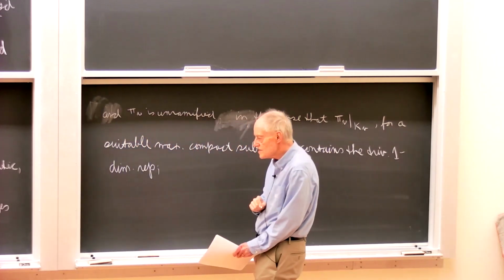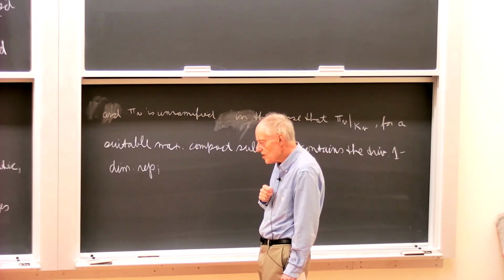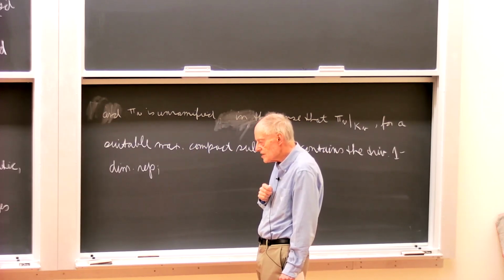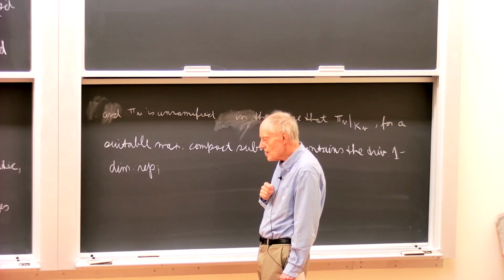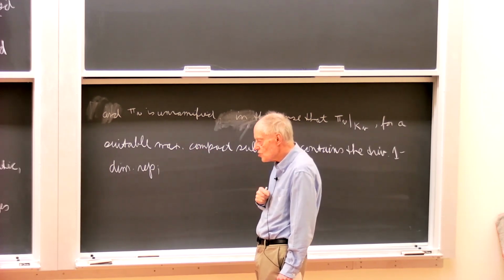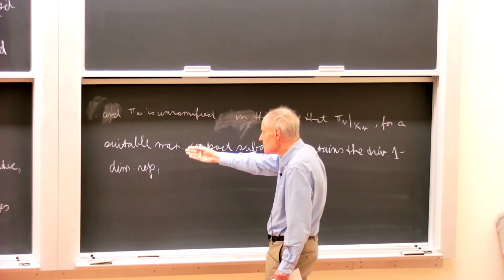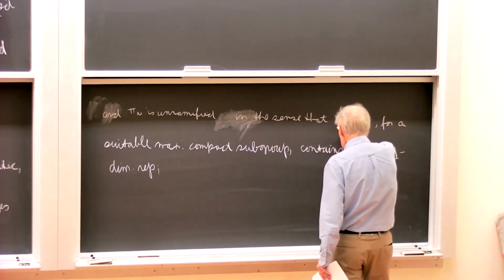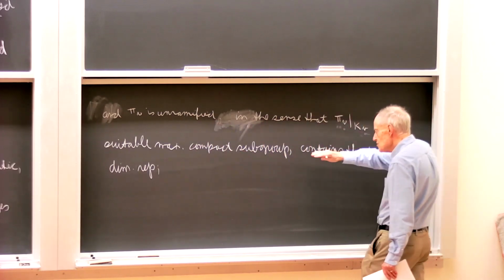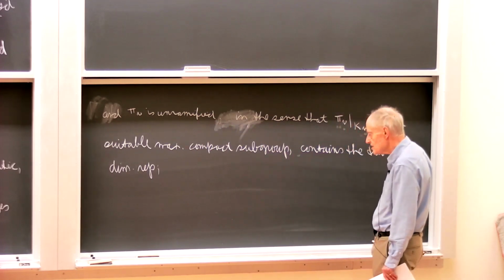And when this is so, the things that I mentioned in the case of a split group all have immediate extensions to the quasi-split group, and in particular to the places V that are unramified in this sense, namely G splits over an unramified extension of FV, and if the restriction of pi V to KV for a suitable maximal compact subgroup contains the trivial representation.